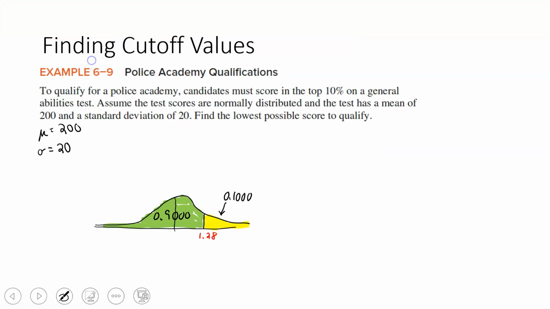So my cutoff score then is X equals mu plus Z sigma, which is equal to 200 plus 1.28 times 20.